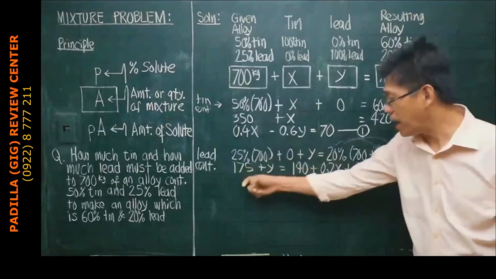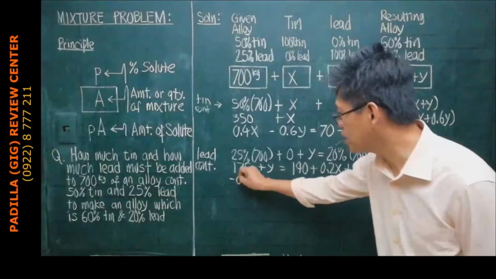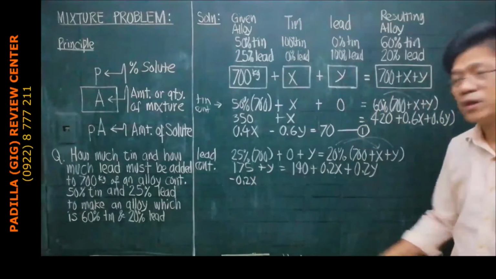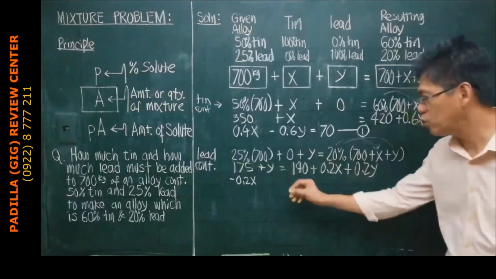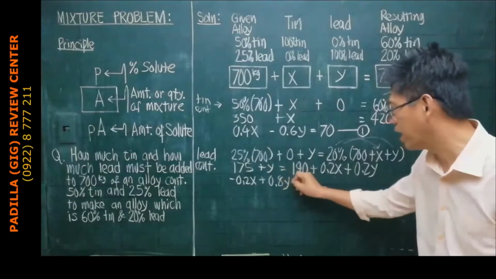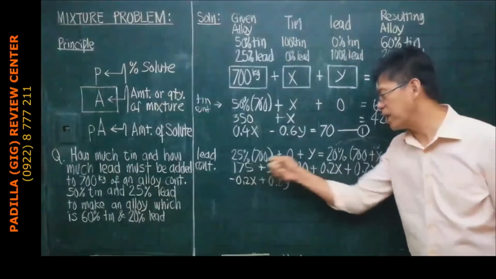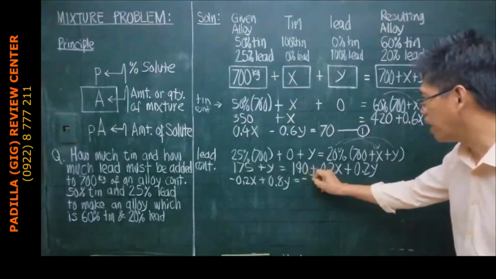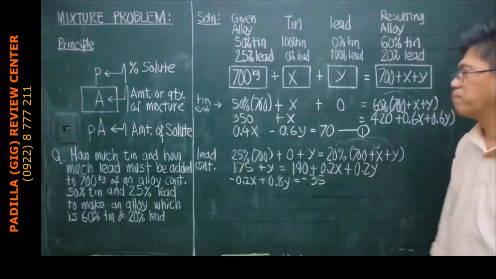I have minus 0.2 of X, Y minus 0.2Y, that is 0.8 of Y, is 140 minus 175, that is minus 35.